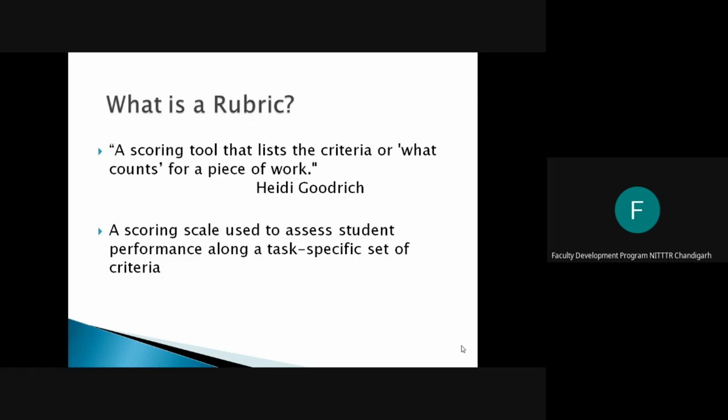So we use a set of criteria, and these criteria are task-specific. What I am trying to say here is that rubric is a scoring tool which uses a certain criteria, and that criteria is task-based. So this is what you need to understand.